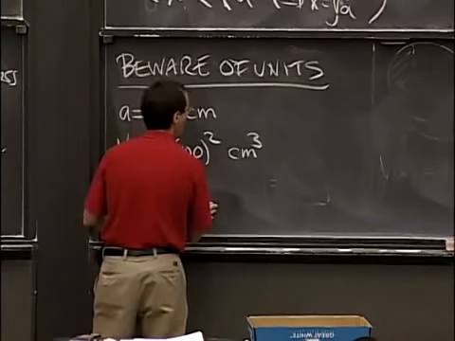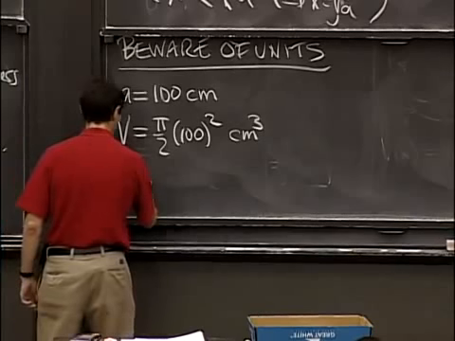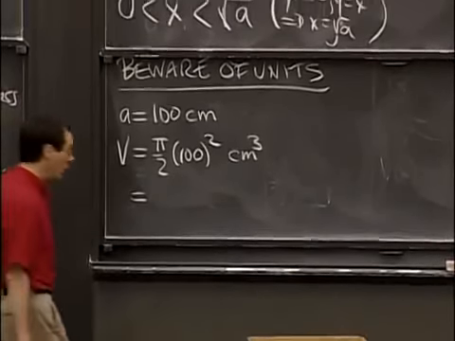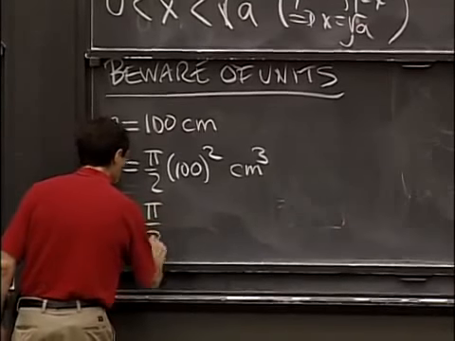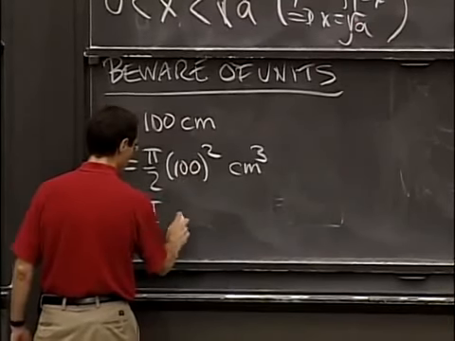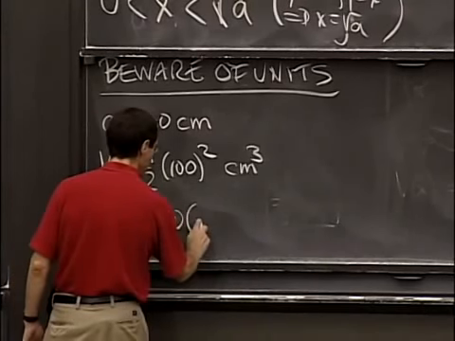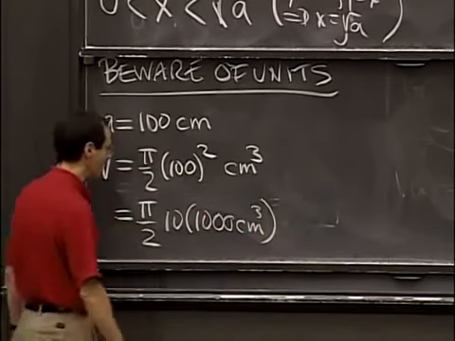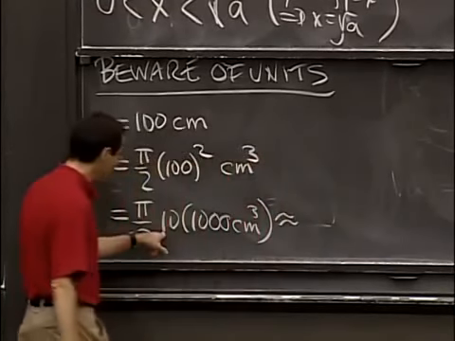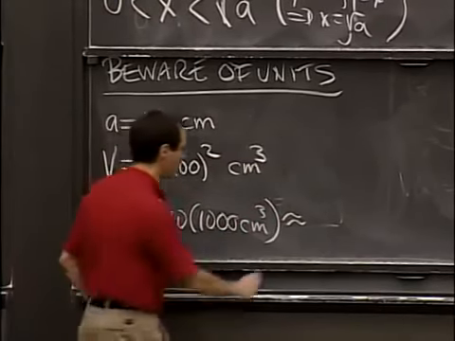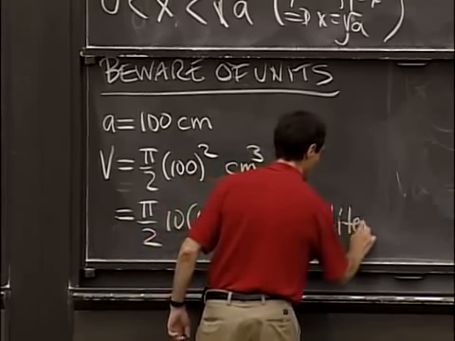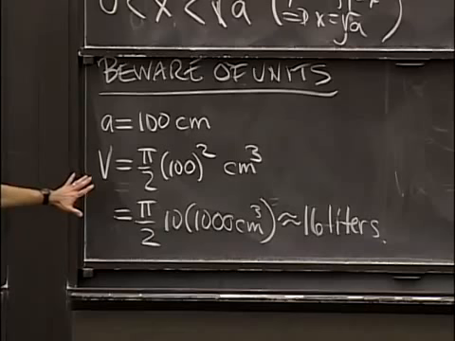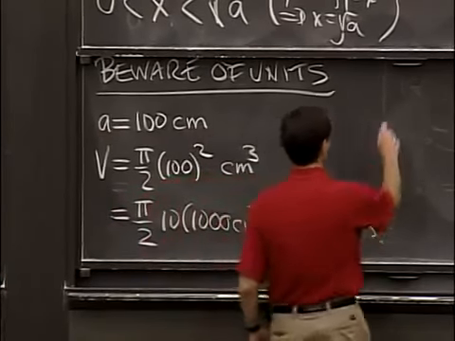Now, if you work out what the volume of this cauldron is, you find that it's pi over 2 times, 10 to the 4th power is 10 times 1,000 centimeters cubed, right? And those are otherwise known as liters. So this is approximately 10 pi over 2 liters, which is about 16 liters. And so that's how much was in the cauldron under this choice of units.